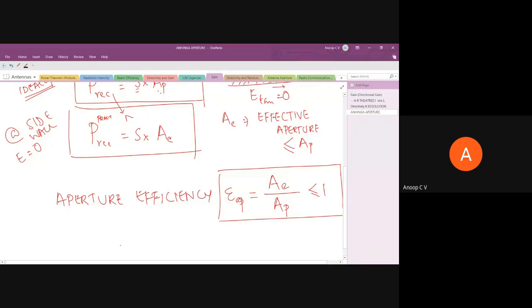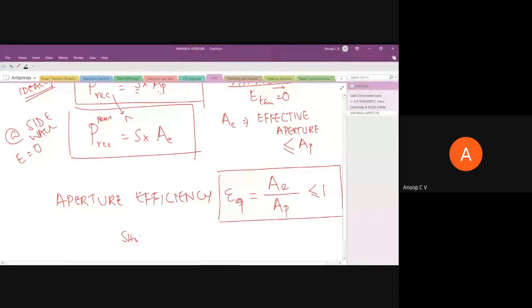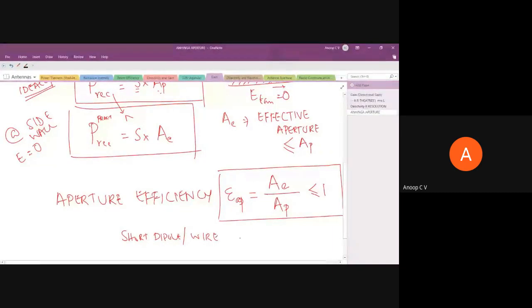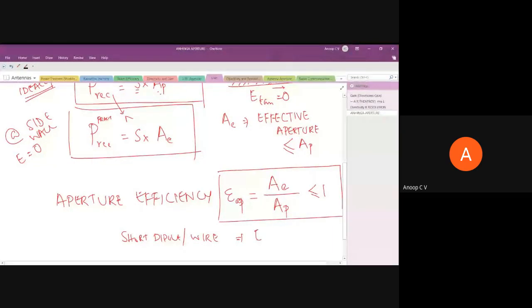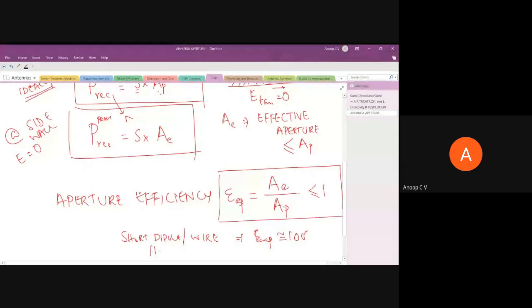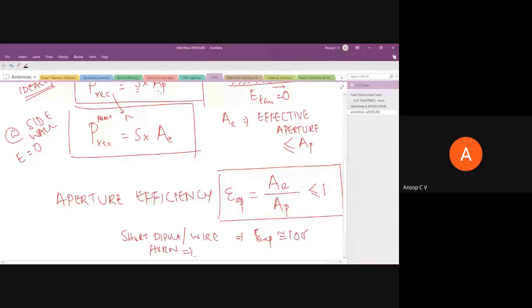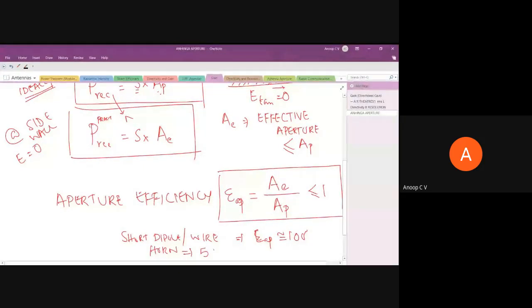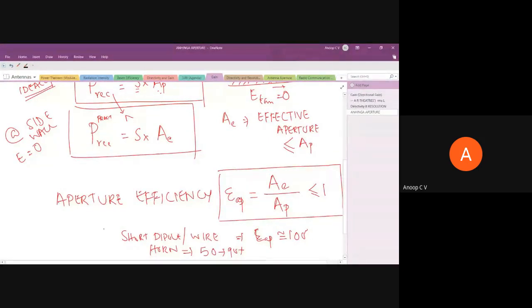For short dipoles and wire type antennas, aperture efficiency is almost equal to 100%, maybe slightly less than 1. And for other types of antenna, horn and others which have a physical aperture, this aperture efficiency can vary from somewhere between 50 to 90%. So that you have to keep in mind.